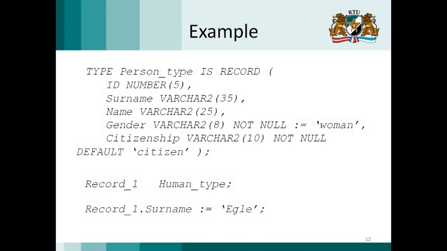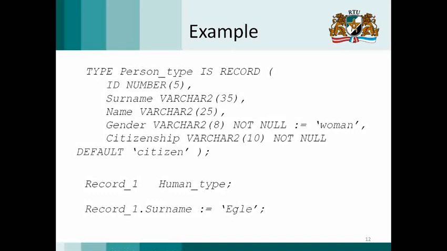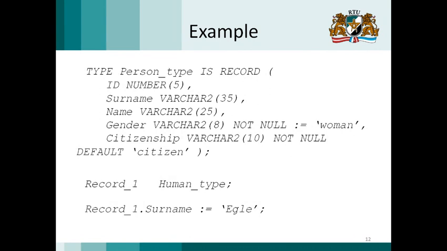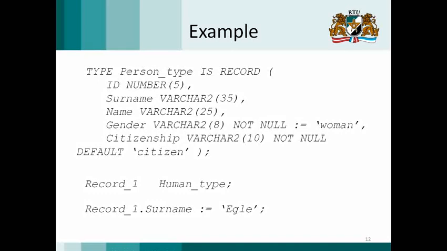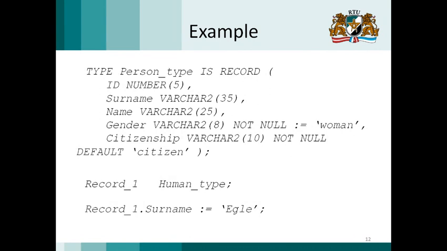So this is a more elaborate example of the examples that I have written in Python. There is ID, surname, name, gender, and citizenship. And I apologize, there should be person type, not human type, but generally this is an instance of this record, and we can write values in this record by assigning some value with this assignment operator.